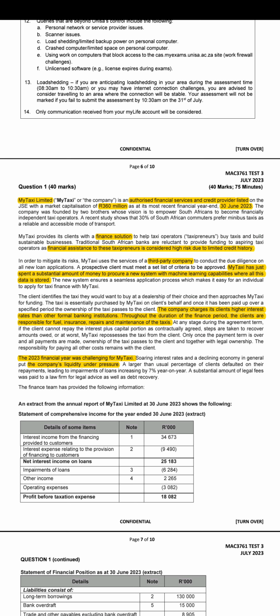What about looking at it from the aspect of your reliance on third parties, I would say, because they've used a third party to do the whole vetting process to see whether the guys that are coming through, the taxipreneurs, are creditworthy or not.